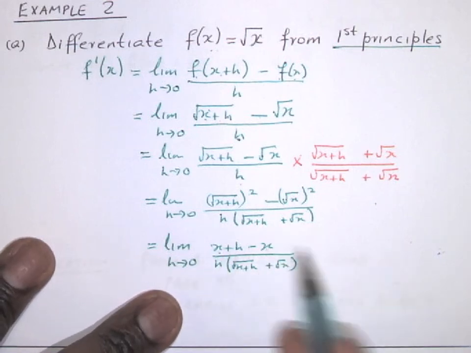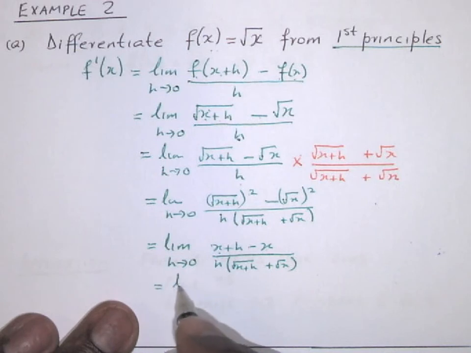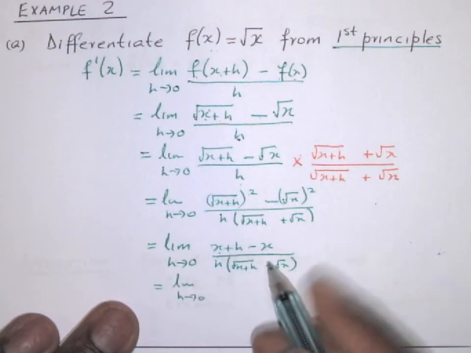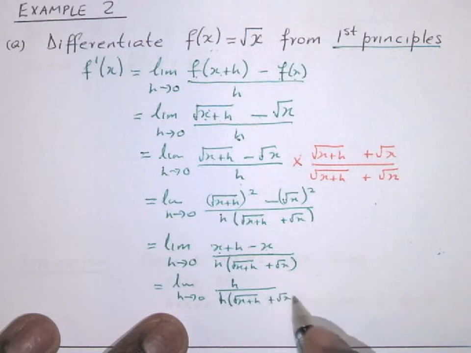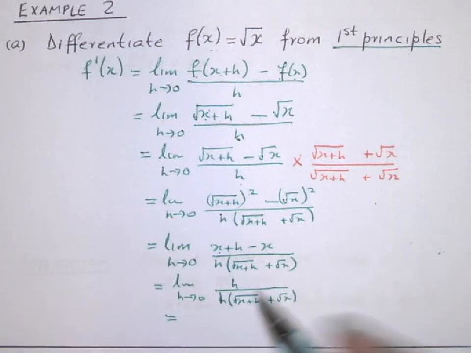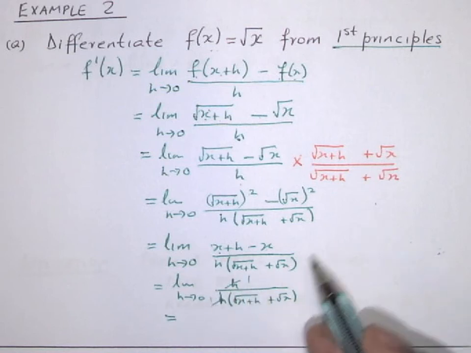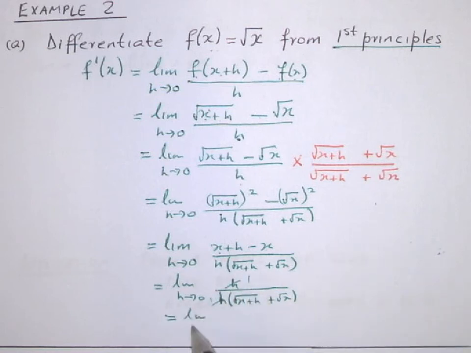So the x and the x cancel off, so I'm left with the limit as h approaches 0 of h over h, then the square root of x plus h plus the square root of x. You can see that the h cancels the h, so I'm left now with the limit as h approaches 0 of 1 over the square root of x plus h plus the square root of x.